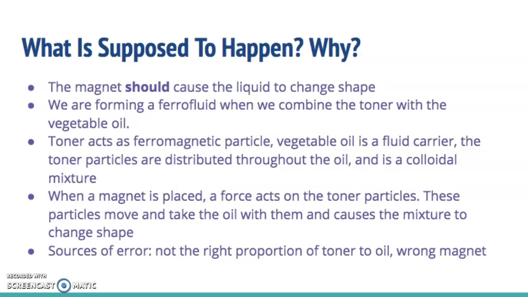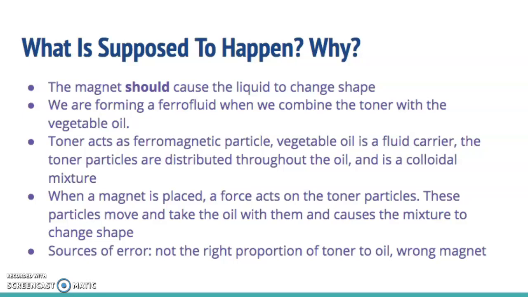So we are making this ferrofluid by combining the toner and the vegetable oil. So the toner acts as a ferromagnetic particle, and then the vegetable oil is just simply the fluid carrier of these particles. So we have a colloidal mixture formed, in which we have the toner particles evenly distributed throughout the fluid, which is the vegetable oil.